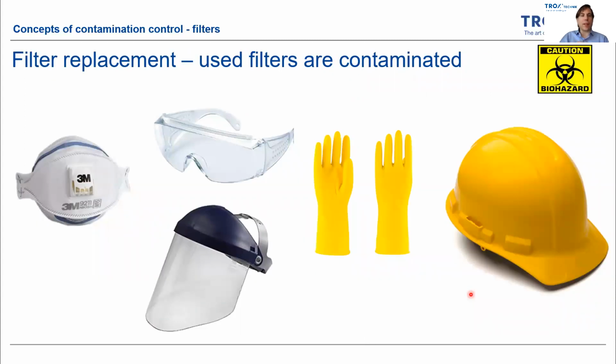An important thing is that in the filtration area, we need to replace the filters, we need to do maintenance. And it's quite usual that we see people going to the filter area and doing it without any individual protection devices, without face mask, without protection glasses, and without gloves.